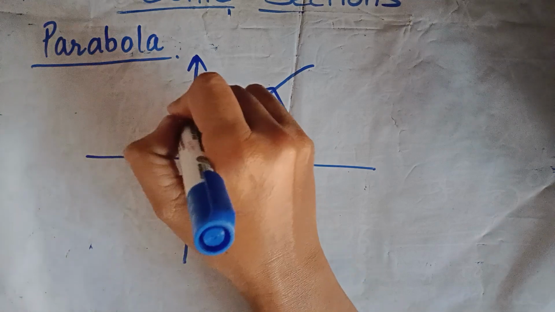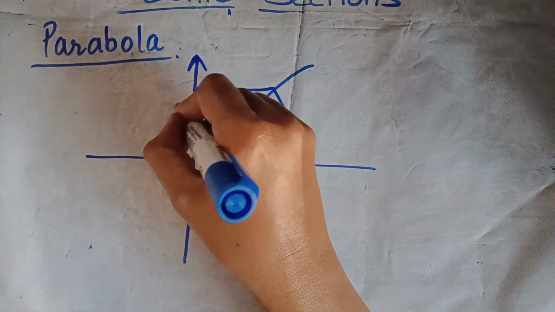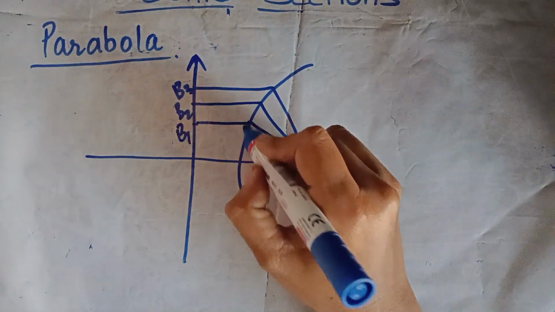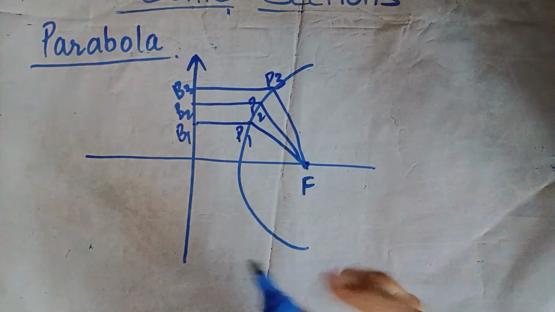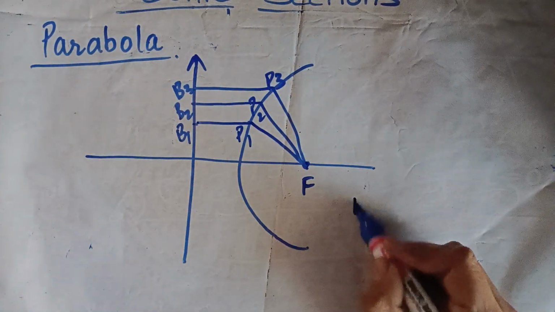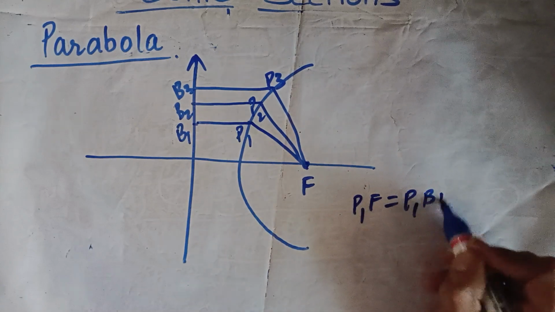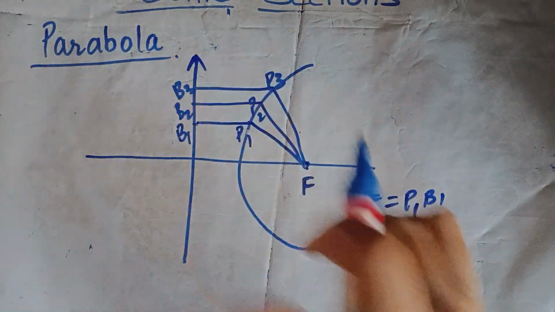Okay, this is your B1, B2, B3. This is P1, P2, P3. Then the distance P1F is equal to P1B1. Okay, this distance is equal to this distance.